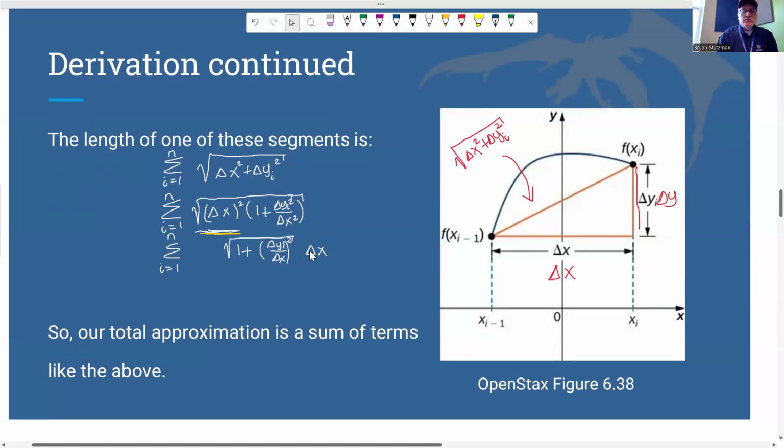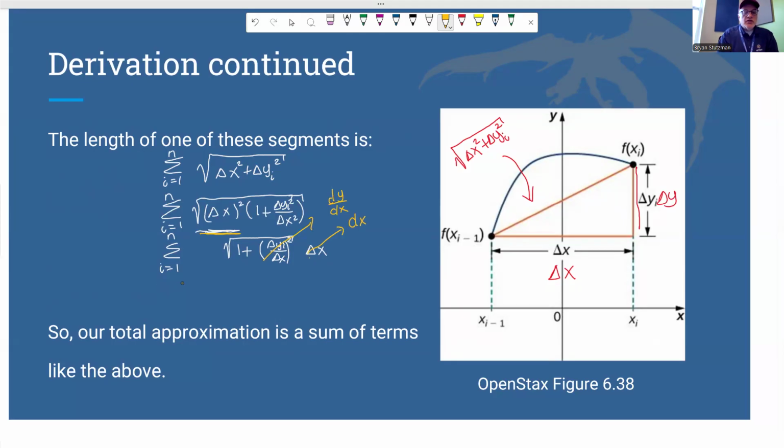If I let this delta x get very small, then these are going to become a very small differential dx, and this becomes dy over dx.